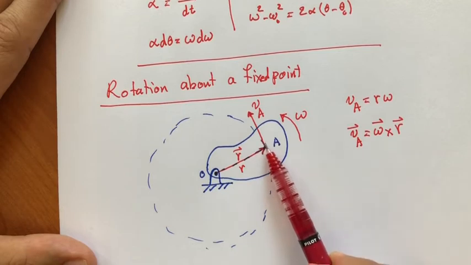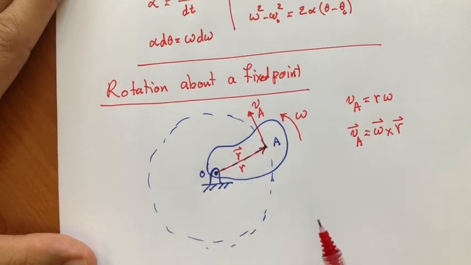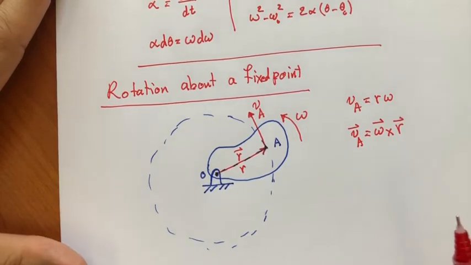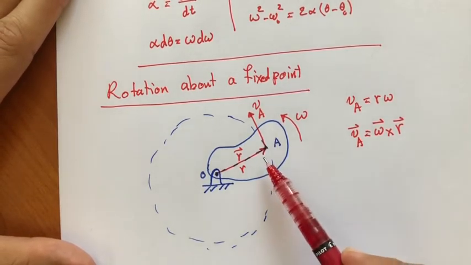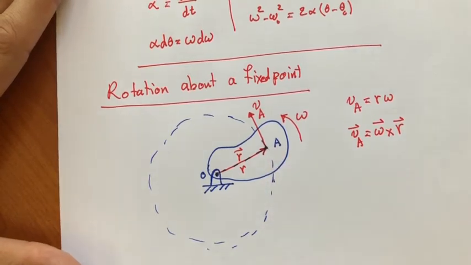Look at this VA. It is perpendicular to omega, and also it is perpendicular to the omega vector, which is perpendicular to this plane. And also based on right-hand rule, omega is in the right direction. So this equation shows the actual velocity of this point of the rigid body in a vector form.